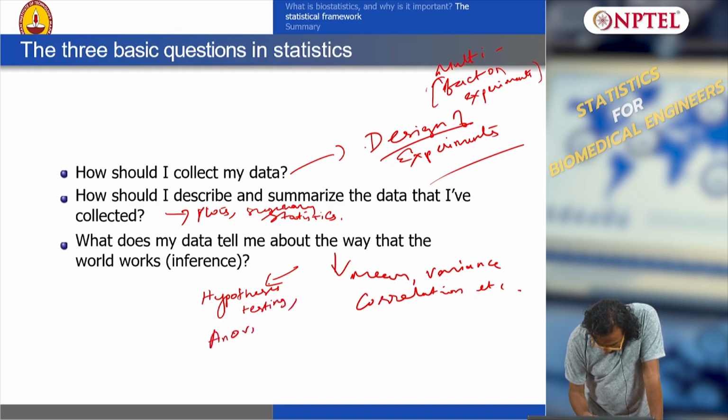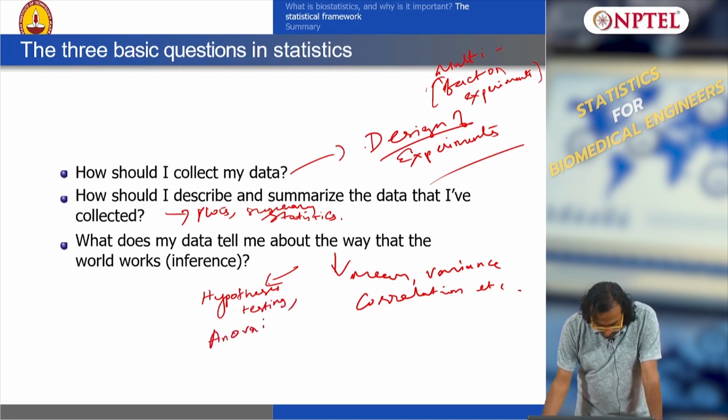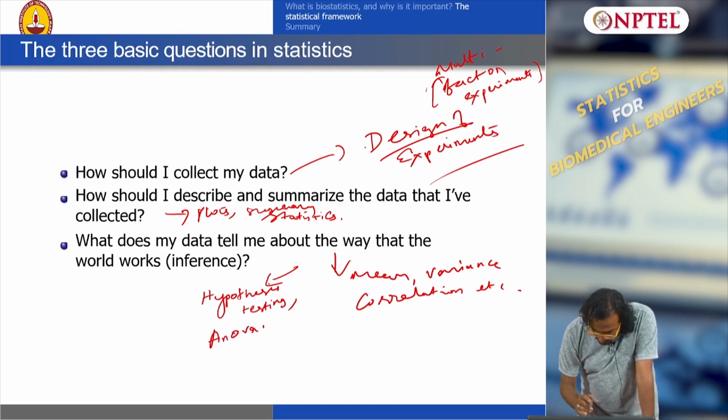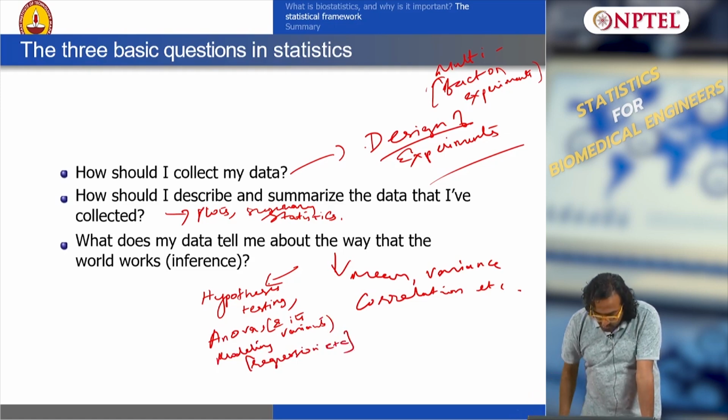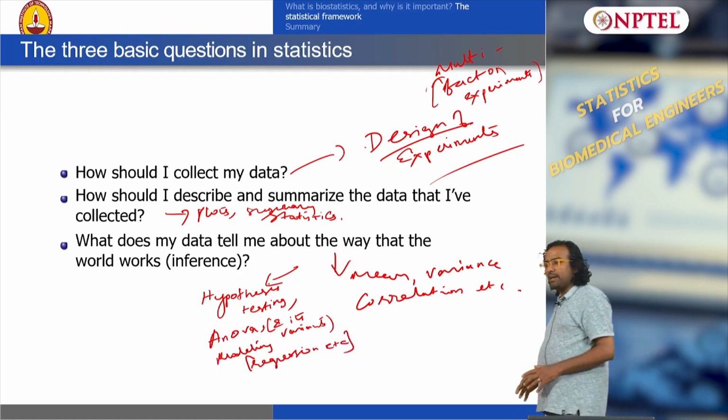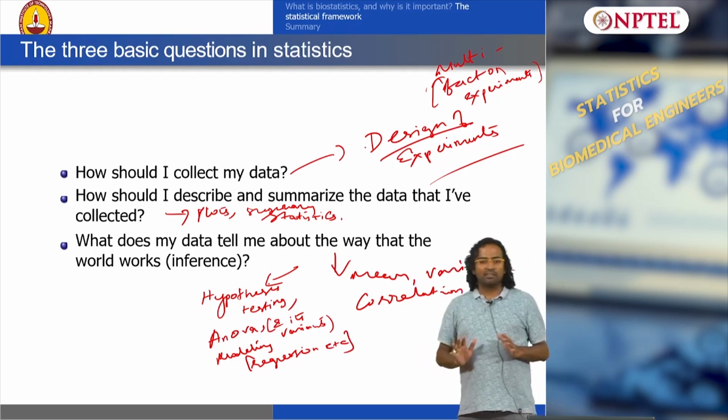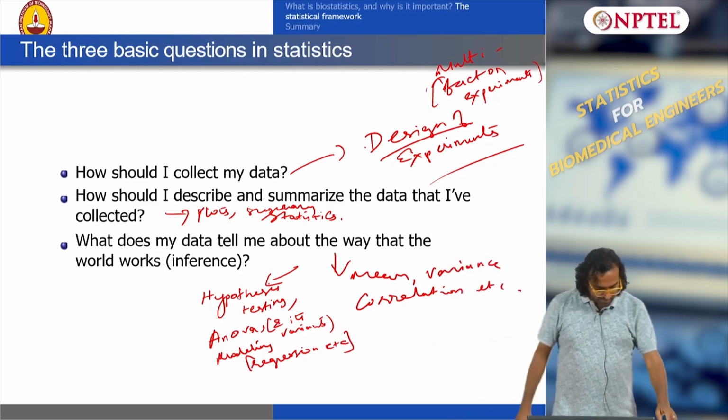Analysis of variance, ANOVA, and then multi-factor ANOVA and its variants. Then we will talk about modeling, regression, etc. So these are the three important questions we will start addressing in this course.